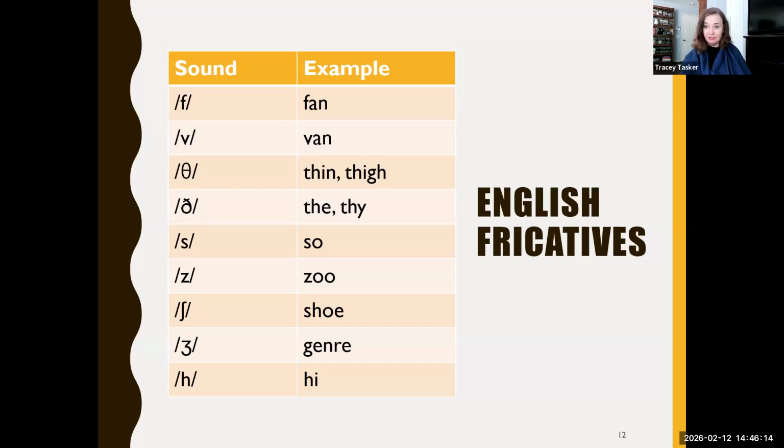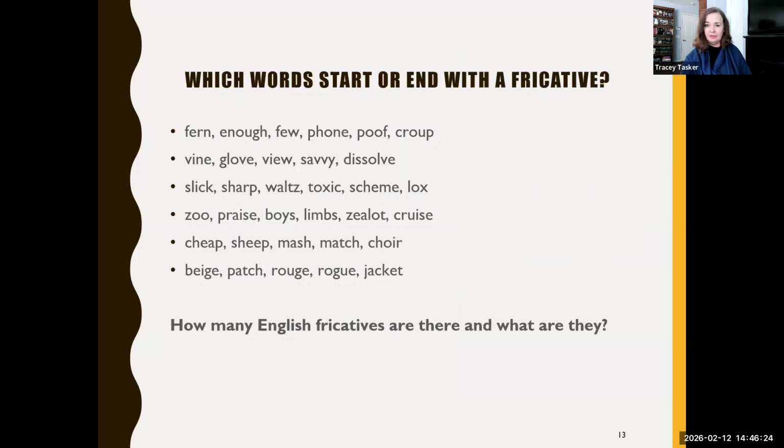I think of it more like a French sound, actually. If anybody knows French, you hear this sound in French. And then the h, as in high. All right. So again, at your leisure, either pause the video or after you've watched all the videos, go back and practice identifying which words have fricatives in them.